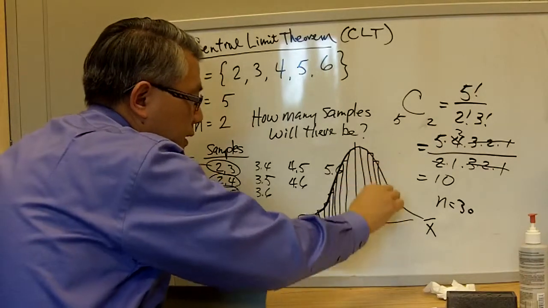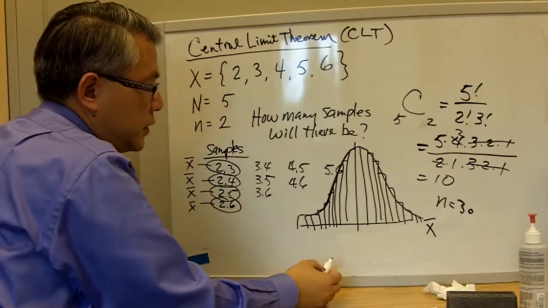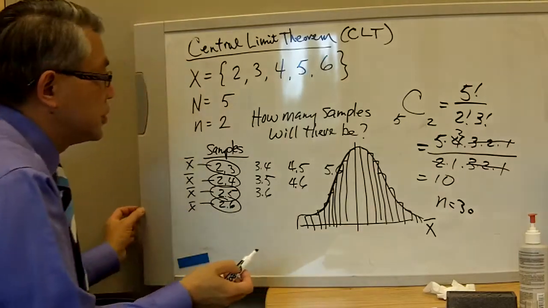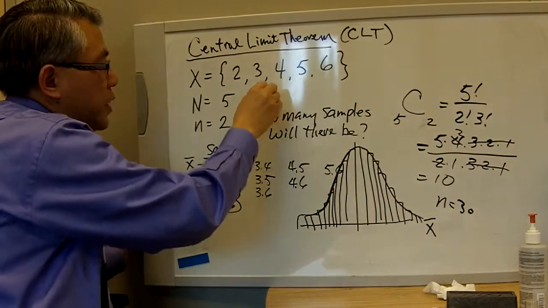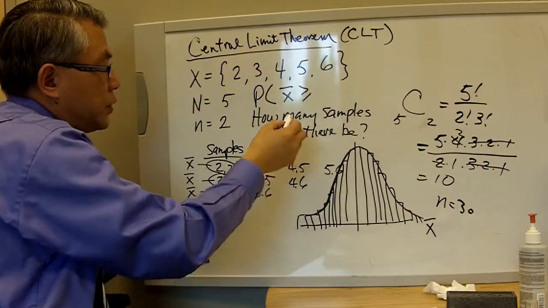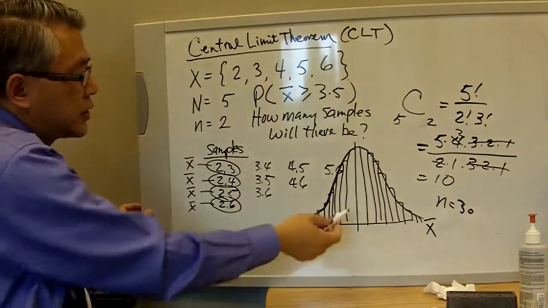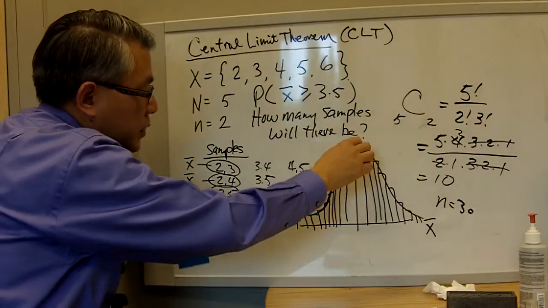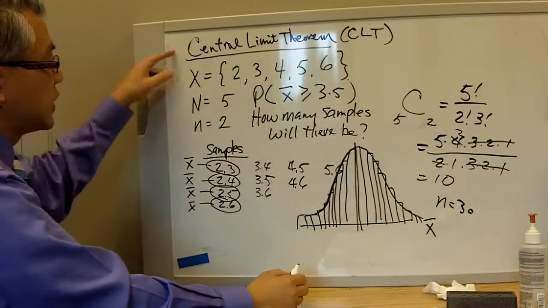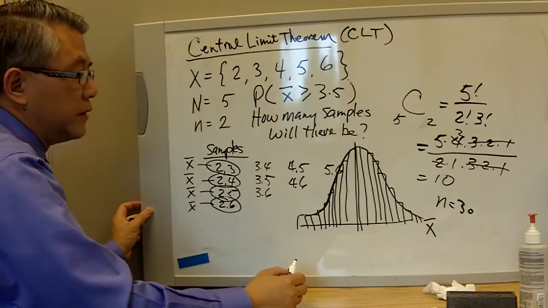Once this concept is established, we would be able to answer a question such as: what's the probability that X bar is greater than or equal to 3.5? Going to this distribution, we know that the mean, according to the central limit theorem, is going to be the population mean.